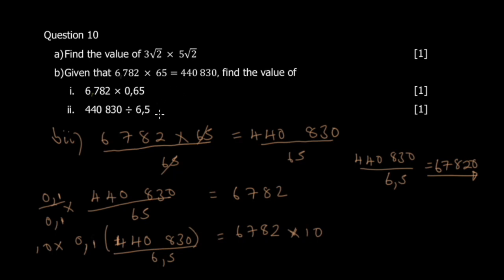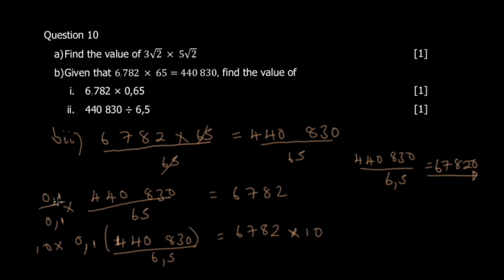Okay, so how we do it, they're just testing your ability to manipulate numbers. Here you have to create the 6.5, here you have to create the 0.65, and then here it's divided, so you have to manipulate your original to become a little bit like this, so that it's 6.5 here, as long as you stick to the math.